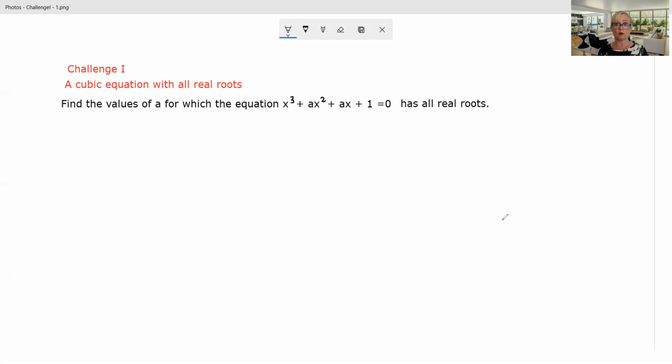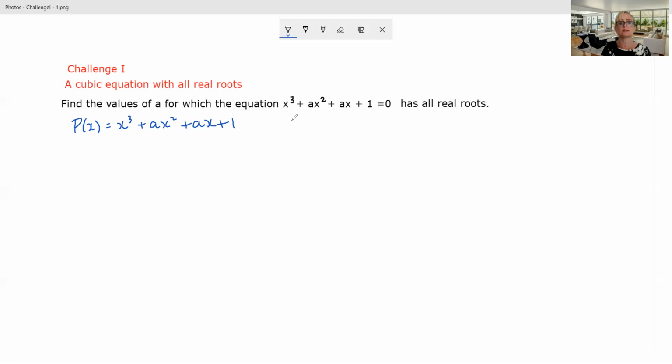You've got a couple of options to get started with. You could call this polynomial p of x. So p of x is x cubed plus ax squared plus ax plus 1. And you could try out a few x values to find when p of x is 0.